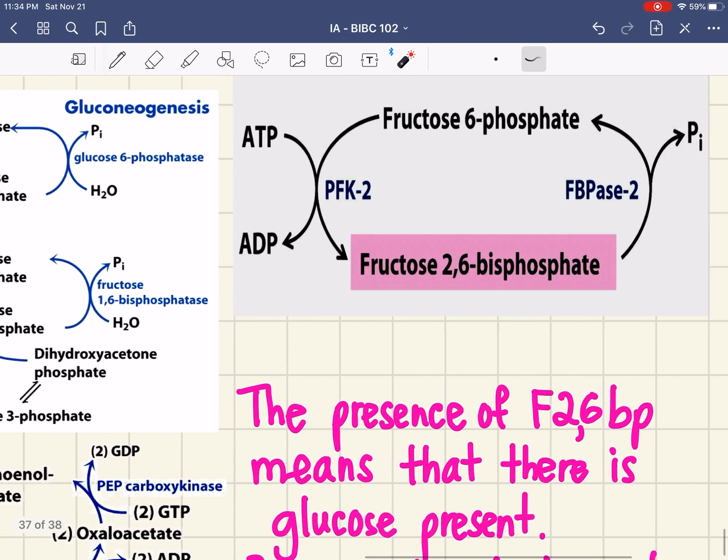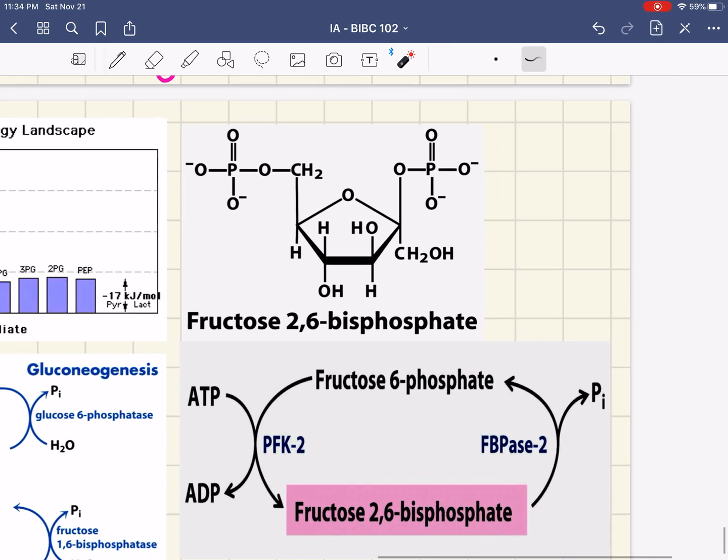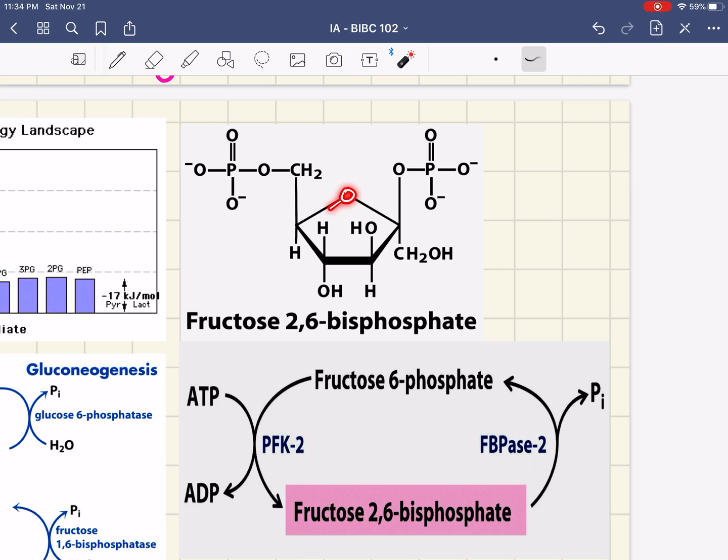To understand this better, let's look at the structure of fructose 2,6-bisphosphate. We have our fructose 2,6-bisphosphate. So carbon 1 is here, 2, 3, 4, 5, 6, 2-phosphate, and 6-phosphate, okay? How is fructose 2,6-bisphosphate made?